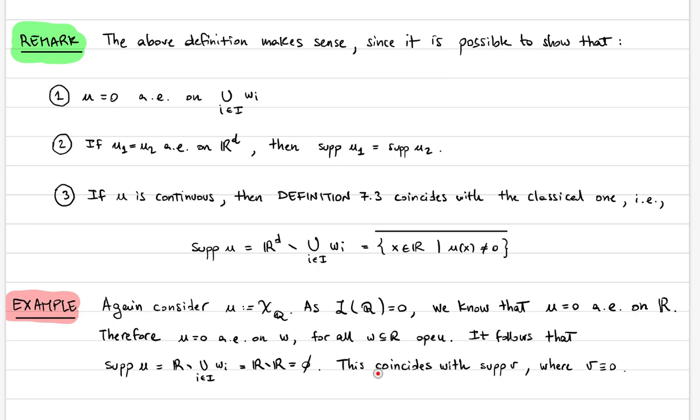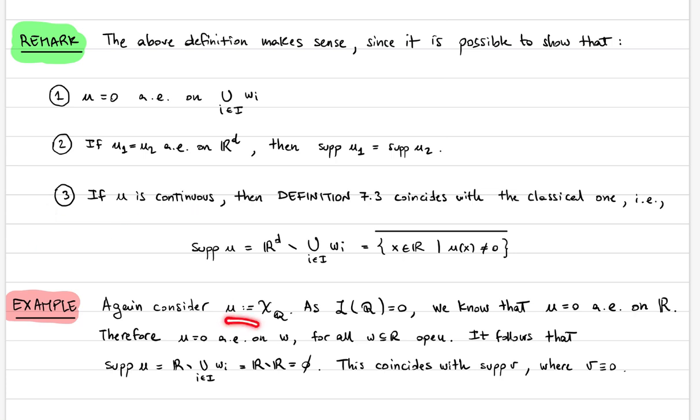And clearly this coincides with the support of V, where V is the identically zero function. So in this case, the support behaves in the way we would like. The support of a zero function is empty, as it should be. And if we change this zero function on a set of measure 0, as we did in this case, the support doesn't change. And obviously this does not contradict property 3, because U is not continuous.